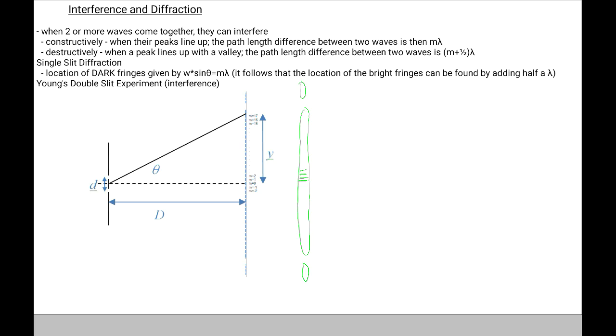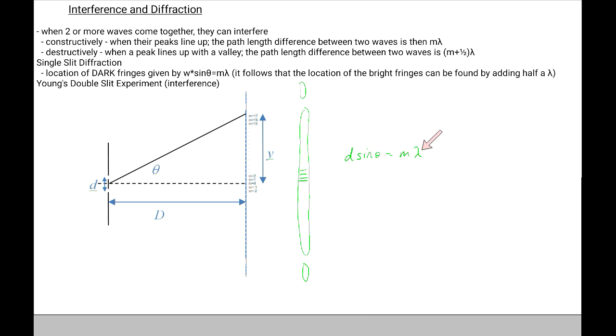So the equation that we have for Young's double slit experiment, for the double slit interference, is d sine theta equals m lambda, where d is the separation between the slits. Theta is the angle that a particular fringe of a particular order makes with the center of the slits, and that equals m, that particular order that we found at angle theta, of a bright fringe, times lambda.